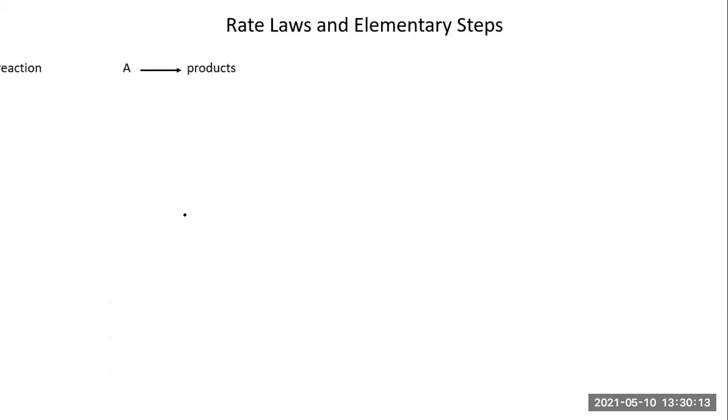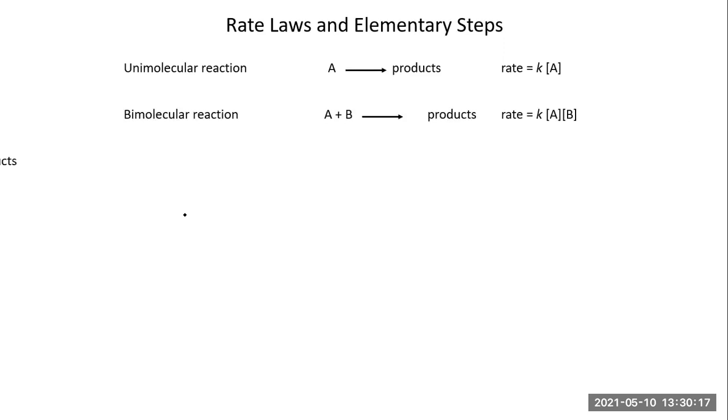Now, one very different thing that we do in terms of rate laws, that is very different from everything else that we've been talking about in this chapter, is that when we are specifically dealing with mechanisms and elementary steps, we can use the coefficients in those elementary steps as the orders for our rate law.